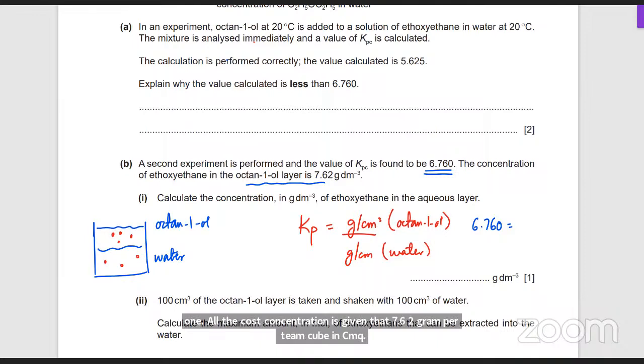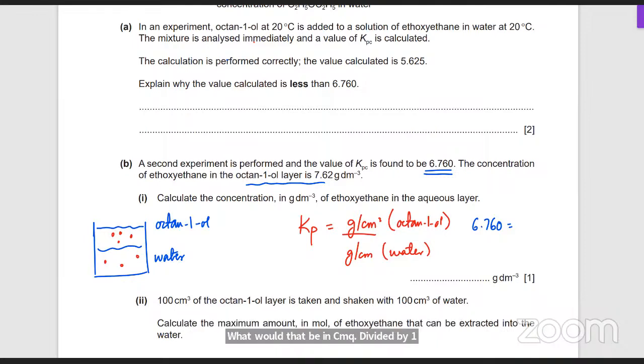Divide by 1000. 7.62 बल्कि ग्राम पर dm cube में रहने देते हैं, ठीक है? 7.62 और नीचे जो है वो x होगा. To find out what this is, 1.13. So 1.13 आ रहा है. लेकिन question clear है? Yes.